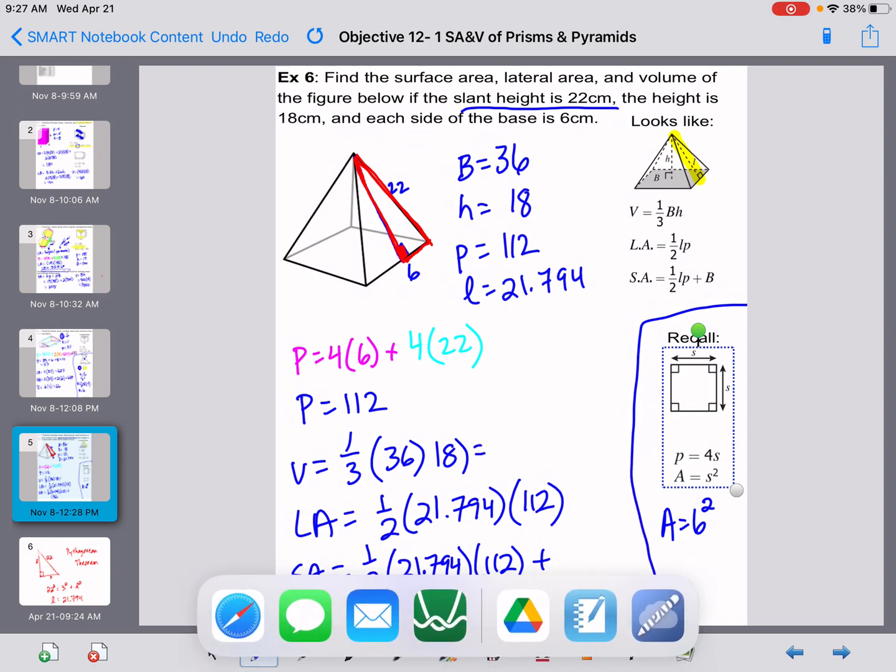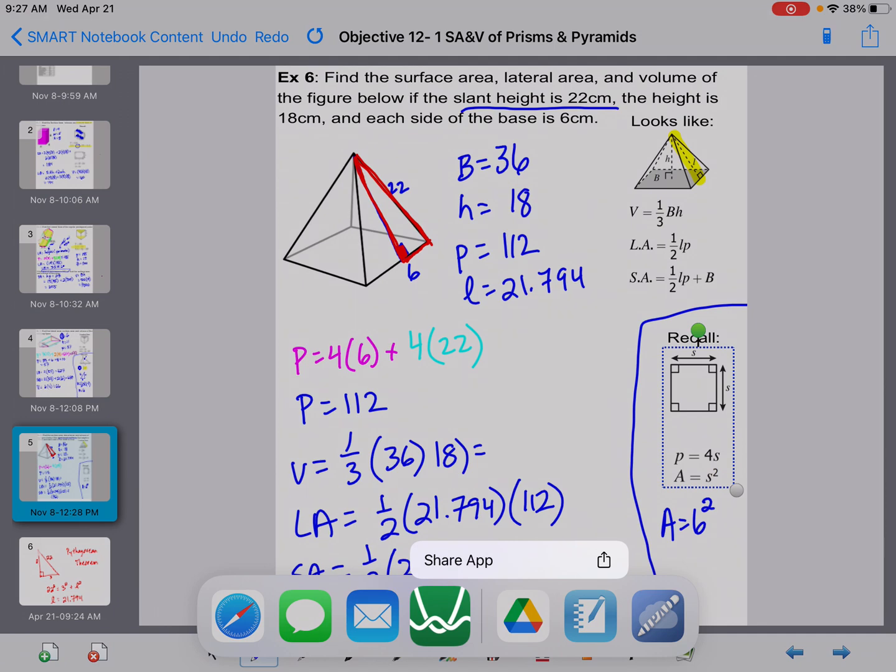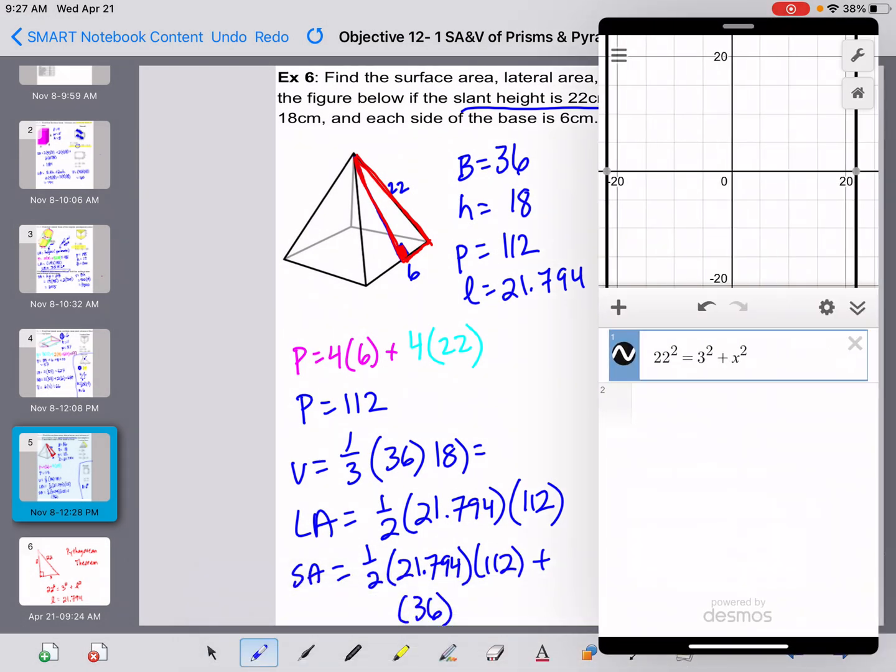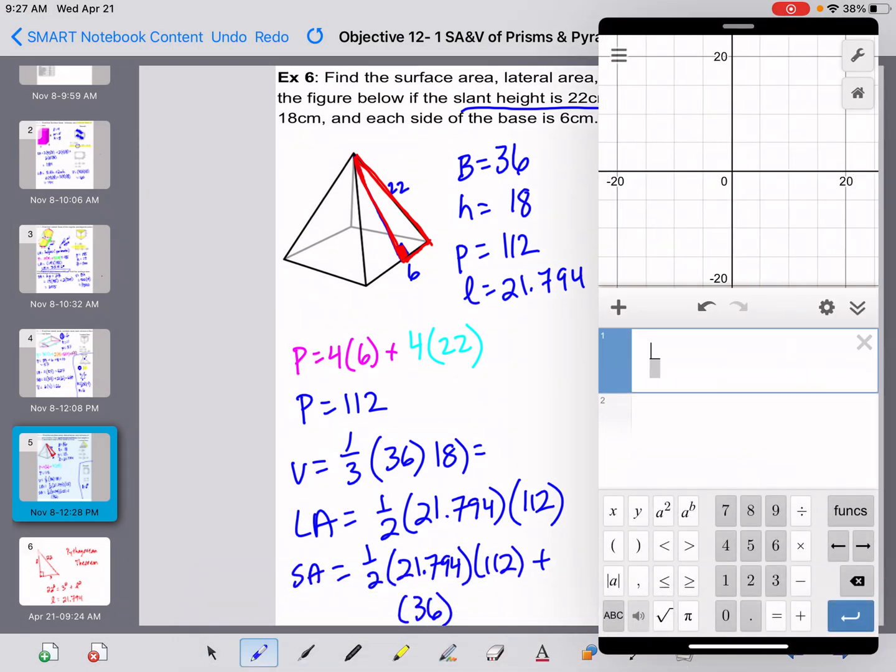So now, pull out the handy dandy calculator. I'm going to type in 1/3, 36, 18, and that's 216.